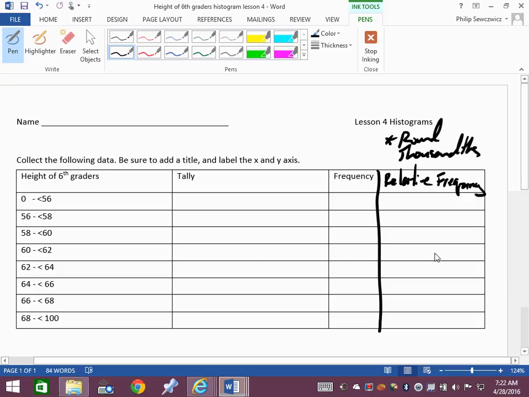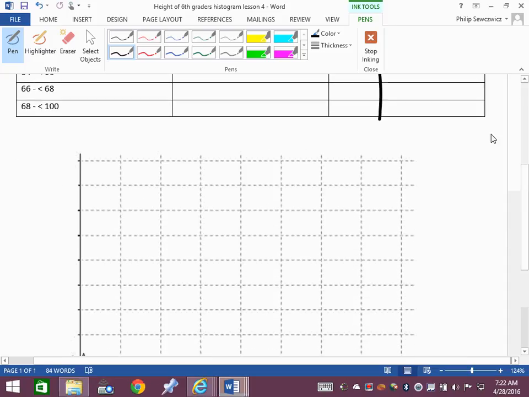The other thing that we wanted you to notice on here: when you do your graph, you are going to be doing a relative frequency graph of your histogram. So it's not going to be a normal histogram where you're just using your tally marks. It's like what we just did in the video.